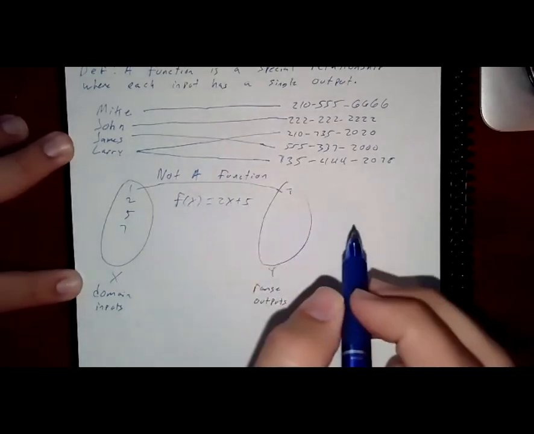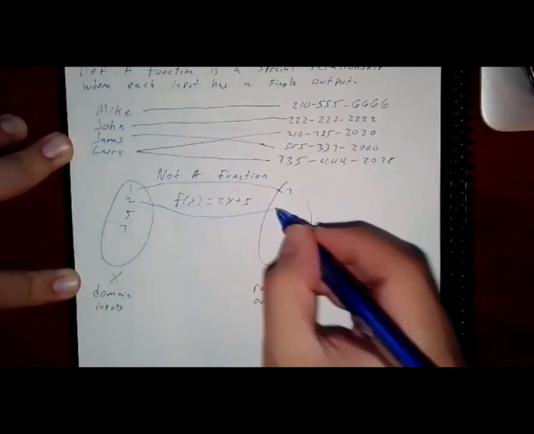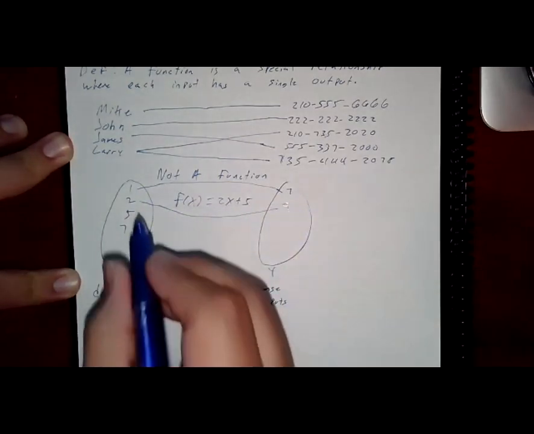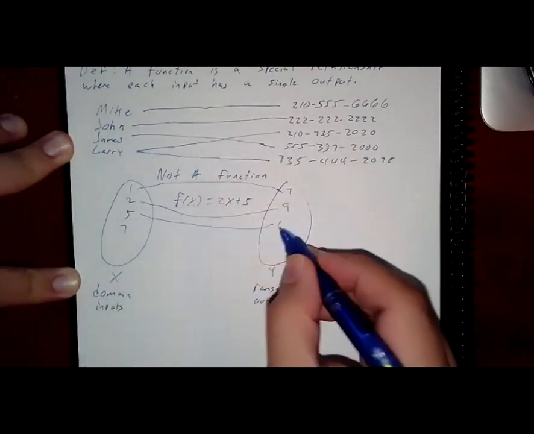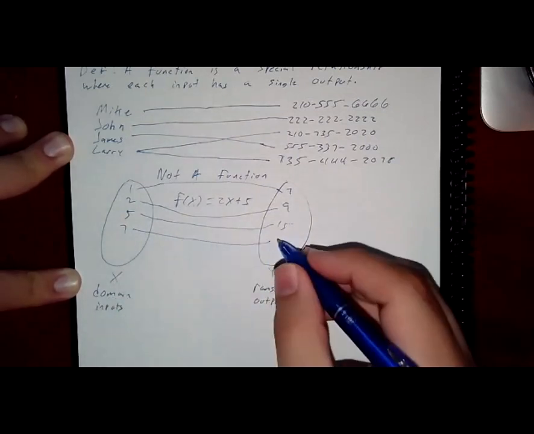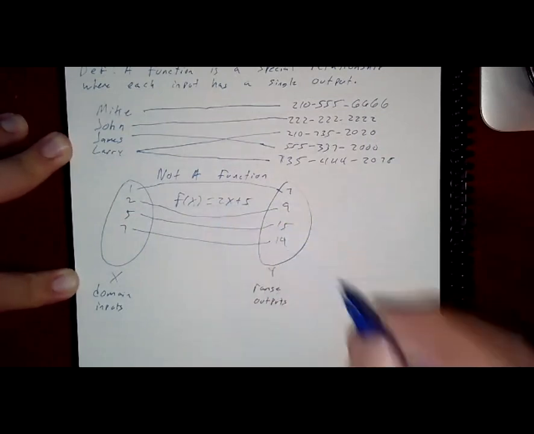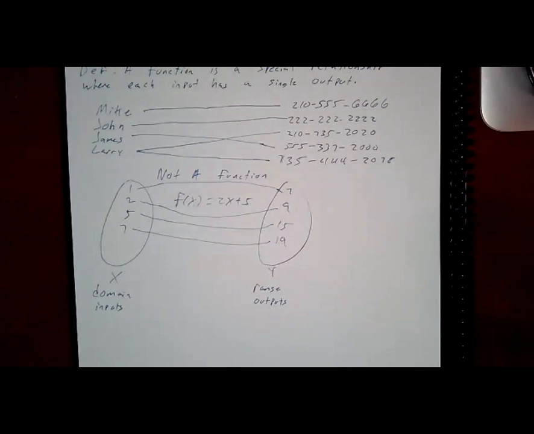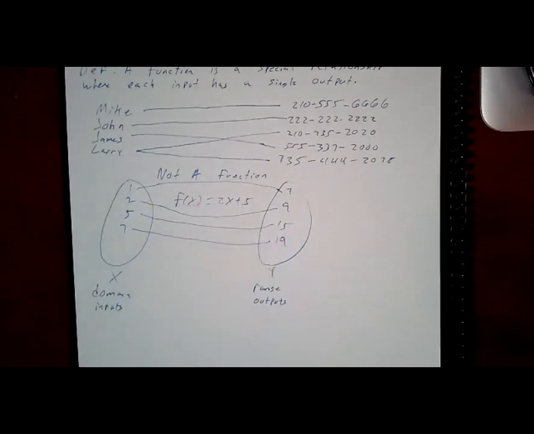So 2 would be what? 2 times 2 is 4, plus 5, that would be 9. 5 would be 15. 7 would be 7 times 2 is 14, plus 5. So this is a function because every single x value only went to one specific output.